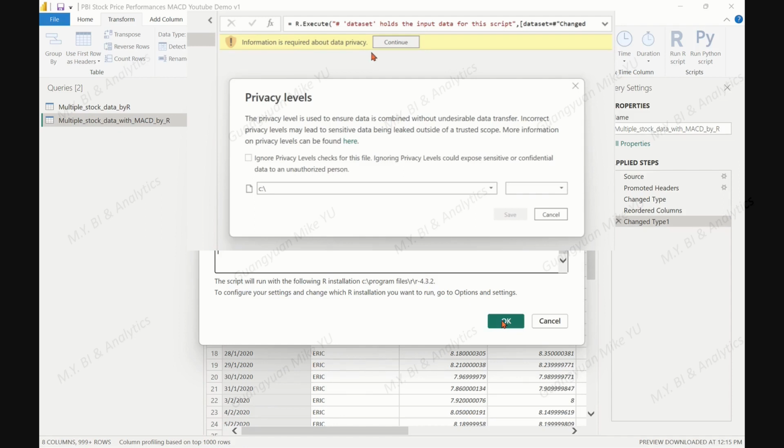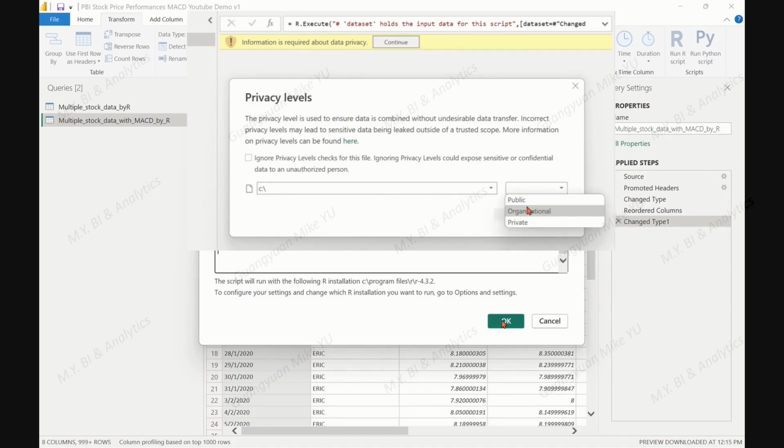At the first time running the created R script in a new desktop file, Power BI Desktop might require your confirmation and setting of the desktop file regarding the processed data privacy. There are three options for privacy level: public, organization, and private.